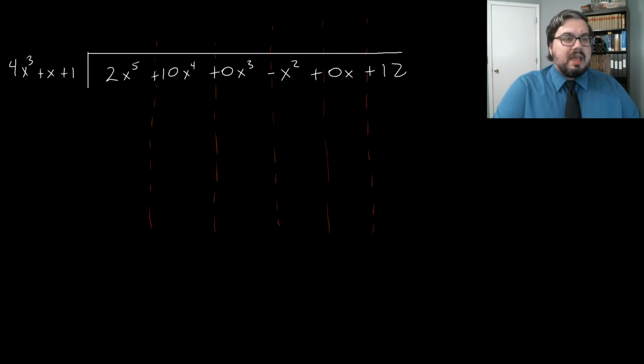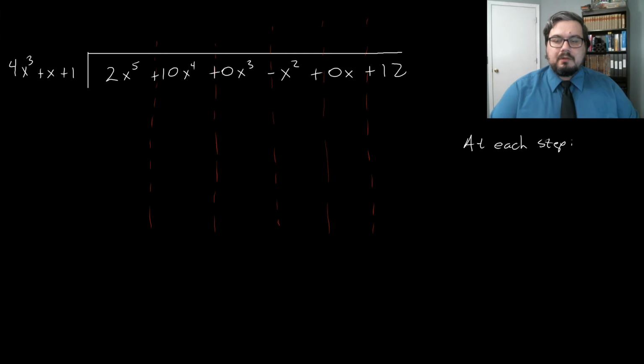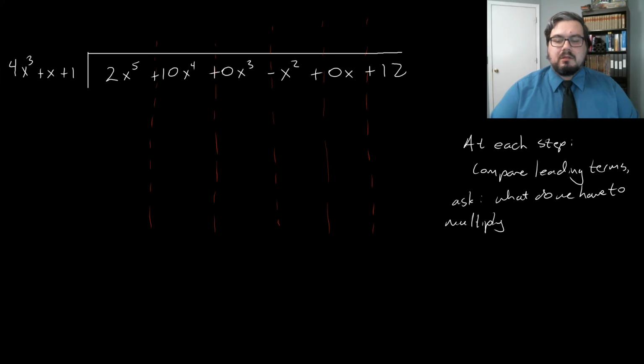Okay, so now we've got a big polynomial dividend and then our polynomial divisor here. So at each step, we compare the leading terms and we ask, what do we have to multiply by the leading term of the divisor to get the leading term of the dividend?